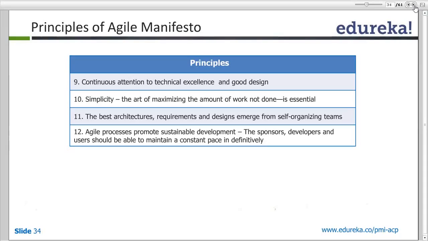The 10th point is simplicity. The art of maximizing the amount of work not done is essential. What do you mean by this point? Simplicity, the art of maximizing the amount of work not done. Any idea?